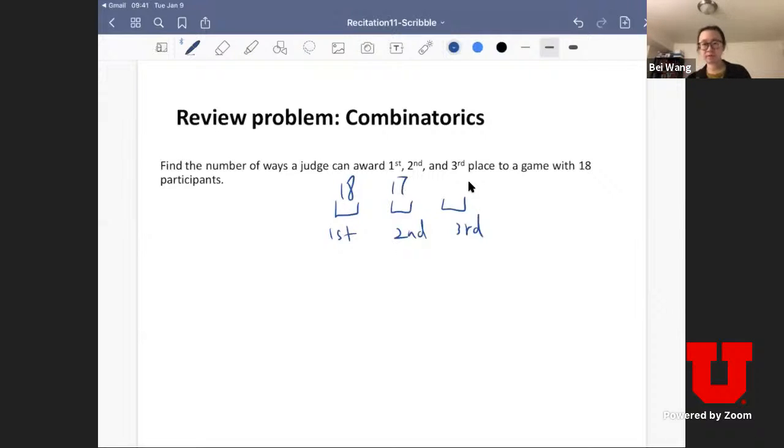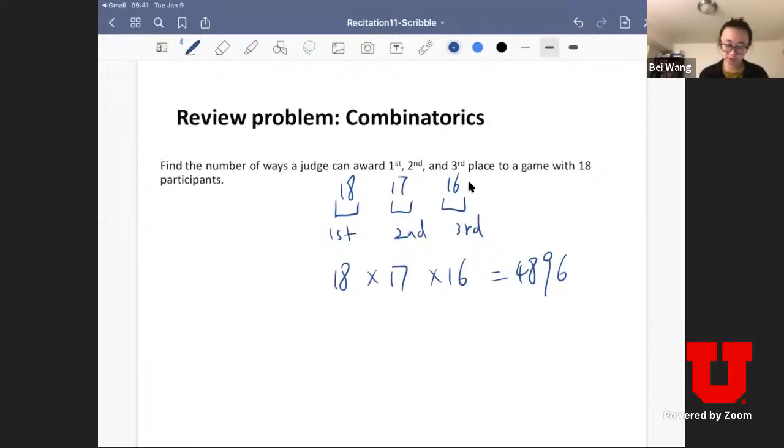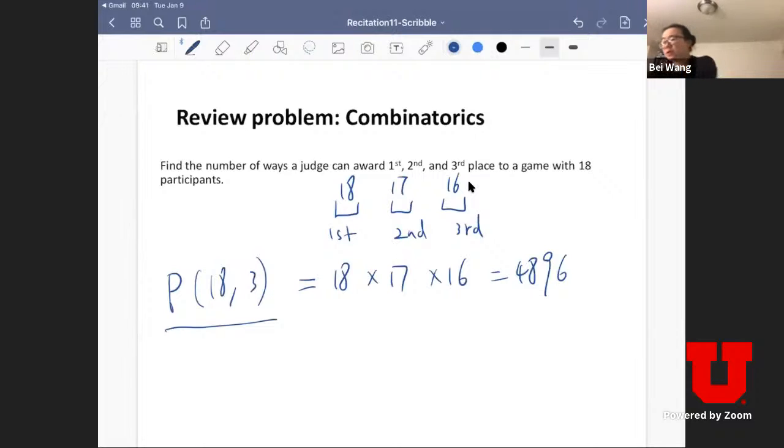Similarly, after the first and second positions have been taken, for the last position you have 16 choices. So the final answer is 18 times 17 times 16, which happens to be 4,896. This is also, by our formula, taking 3 out of 18 in terms of permutations, because the order does matter. That is why we're using the permutation formula. So this is fairly straightforward.